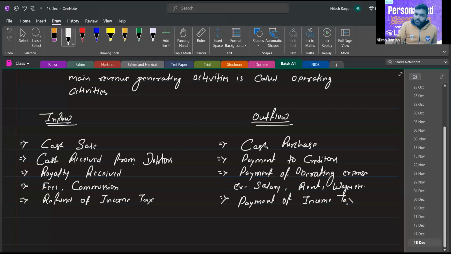So these are inflow and outflow. Please write this. After that, we will talk about the methods.